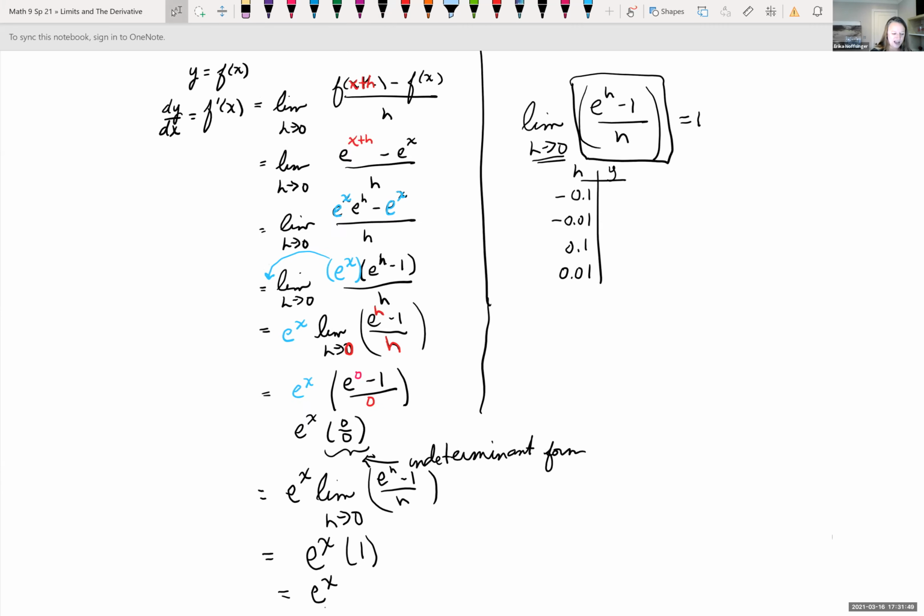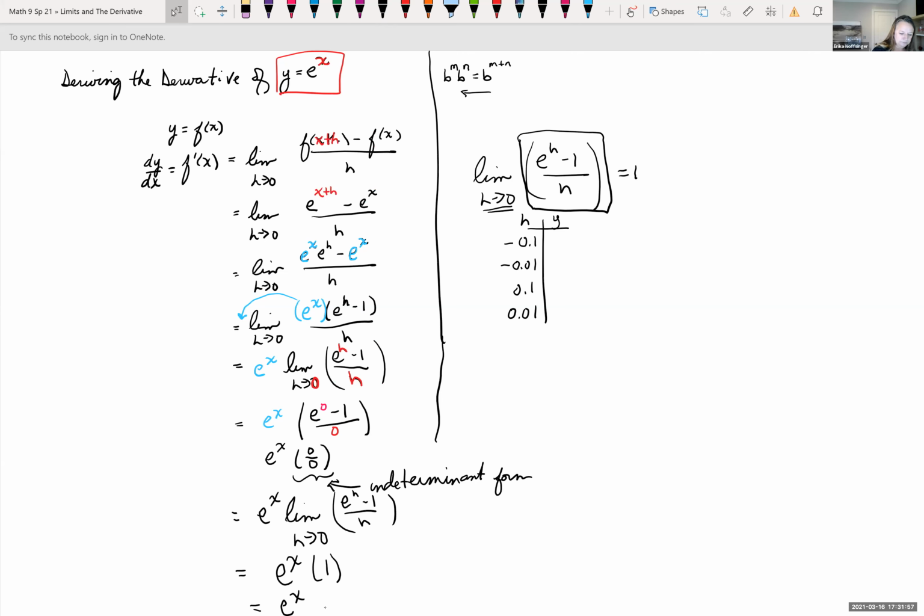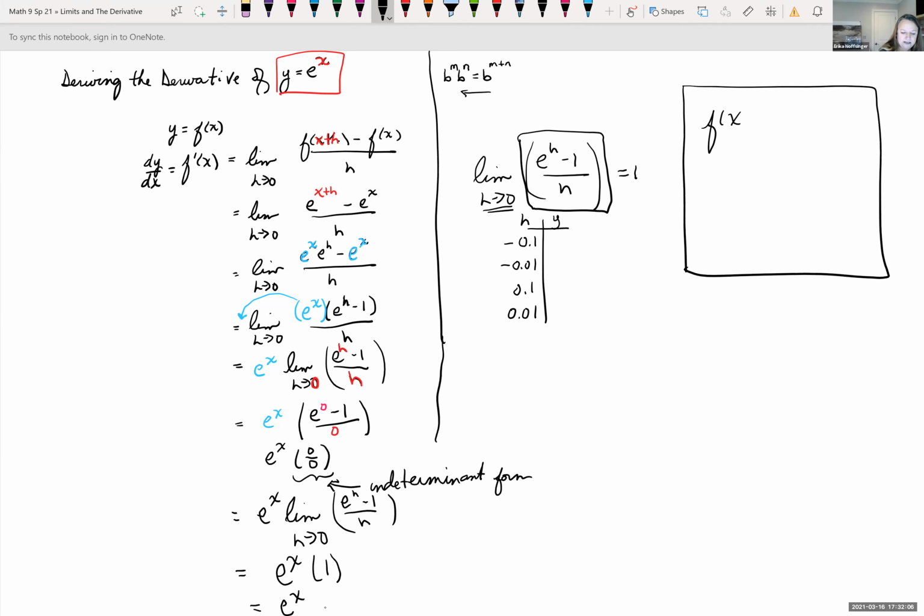So we just derived that the derivative of e to the x is itself, e to the x. So if f of x equals e to the x, f prime of x, the derivative, is equal to e to the x.